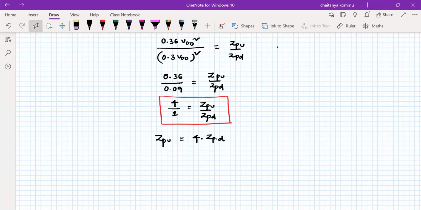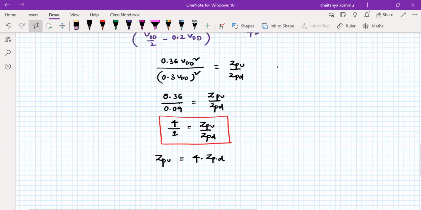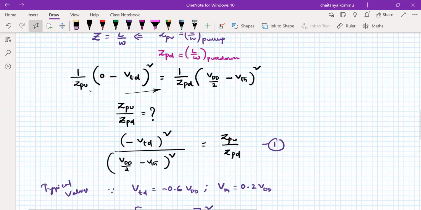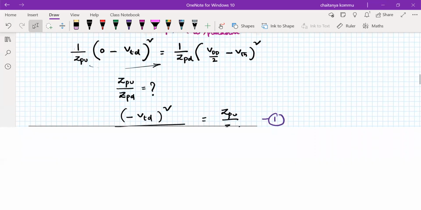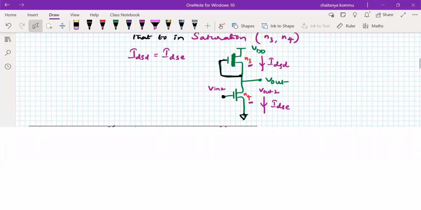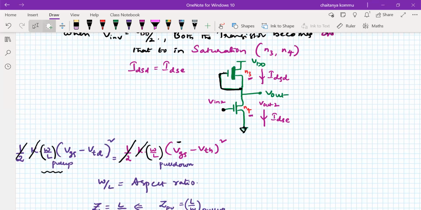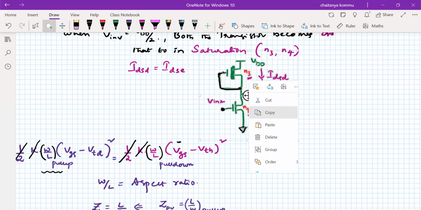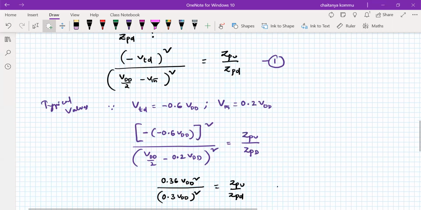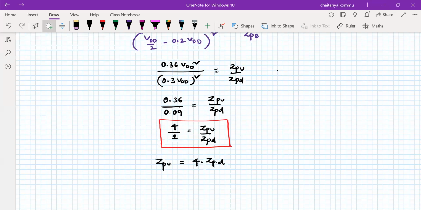What does it mean? If we consider the pull-down network as 1 unit, the pull-up network must be 4 times. We are talking about the worst case condition, because both transistors are at maximum operation, which is available in the saturation region only. So in that sense, I have to consider it in this way, and we'll write it here.